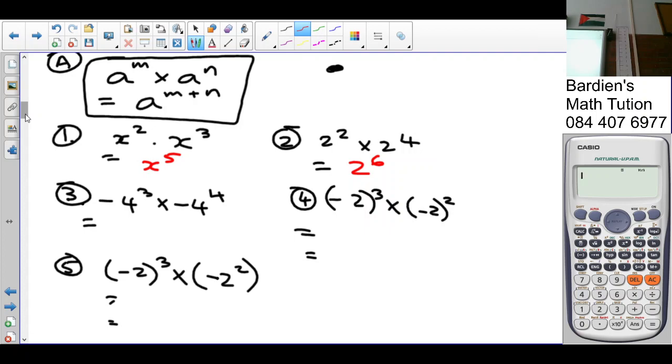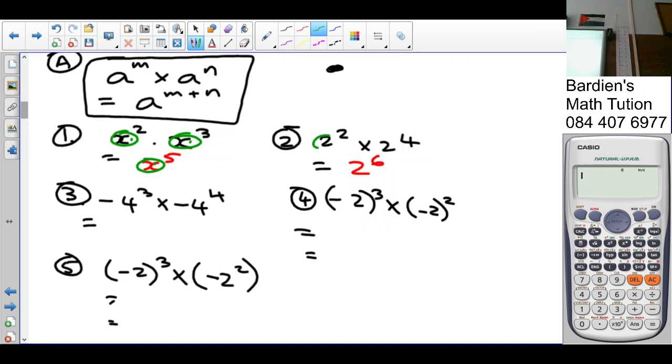Okay? Remember that when you're multiplying and bases are the same, we add the exponents. That's the only thing we do. So the base remains the base. You understand, my dear? So if you look at this sum here, it's x, x, x. Can you see that? The base remains the same.